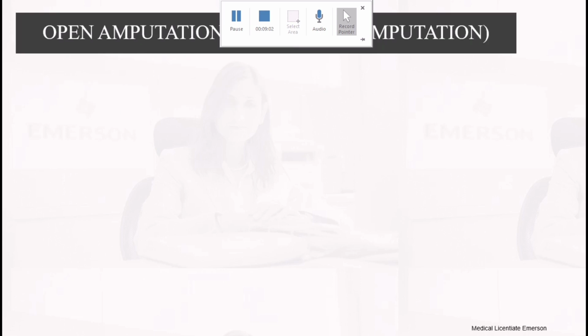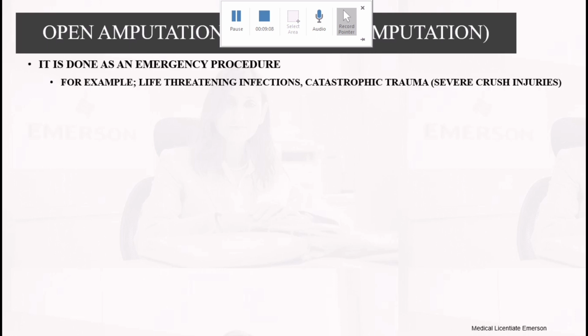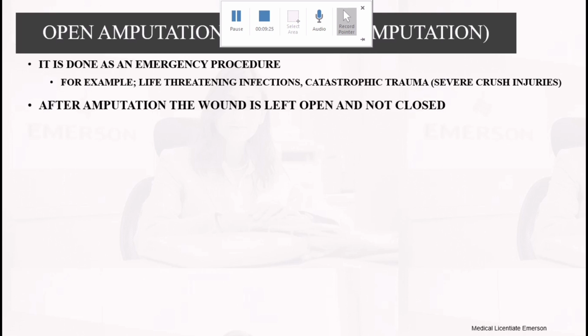Then you can have open amputation, also known as guillotine amputation. So guillotine amputation is done as an emergency procedure. For example, in life-threatening infections, catastrophic trauma, such as in severe crush injuries.